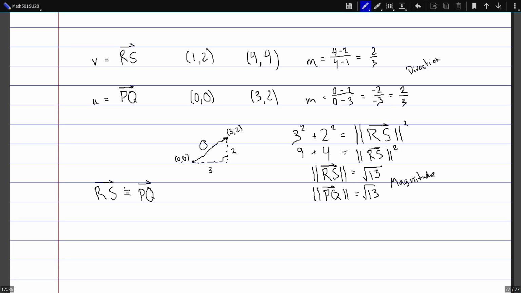We wouldn't necessarily say they're equal because they don't have the same initial and terminal point, but because they have the same direction and same magnitude, they are equivalent to one another. Okay, so this was a short little example meant to demonstrate, one, how we actually find the magnitude for directed line segments, and two, how we show that two different directed line segments or vectors are equivalent to one another. I'll meet you guys in the next part to close things out for this section.